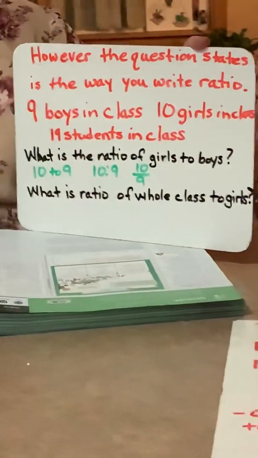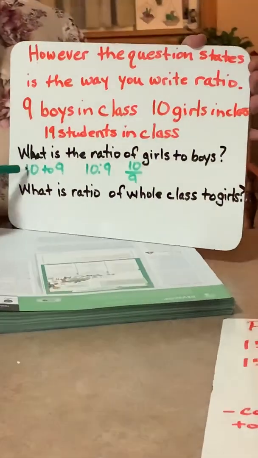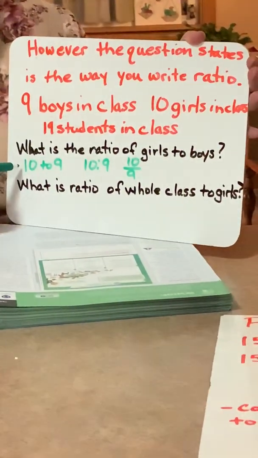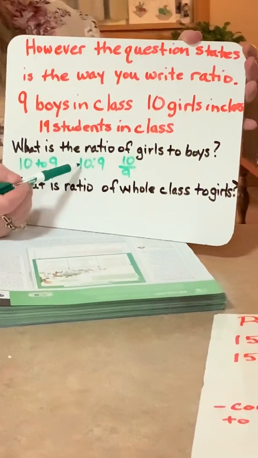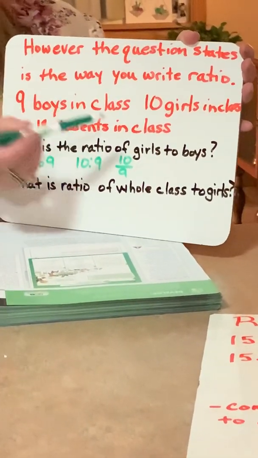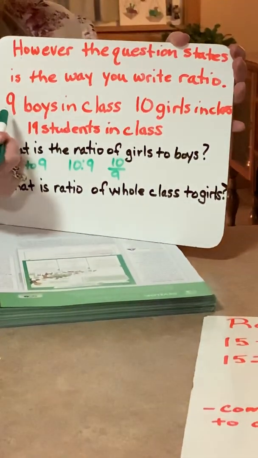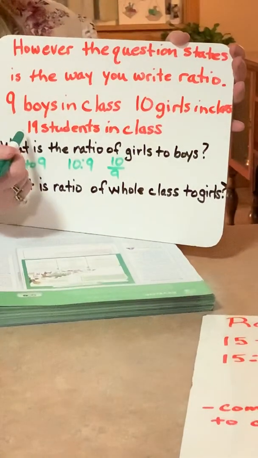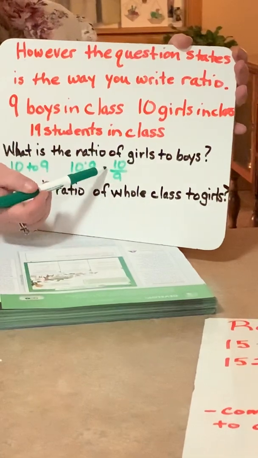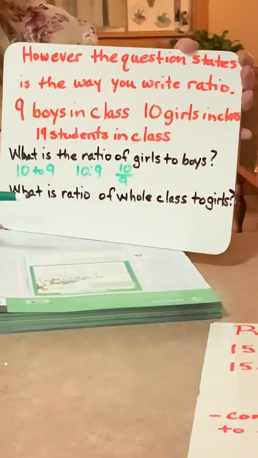And what you'll love about this, no labels. It has to be written in the way the question asks, girls, which are 10, to the boys.